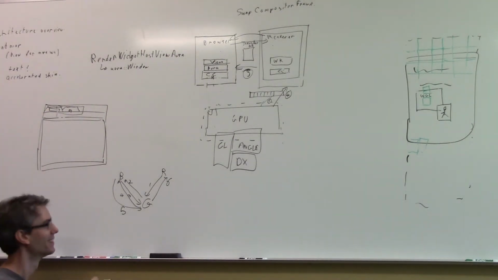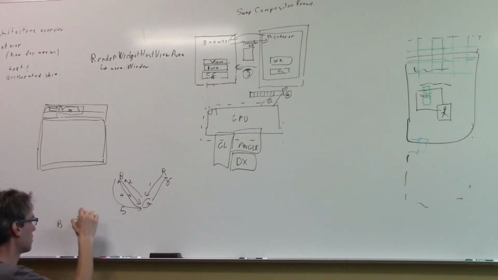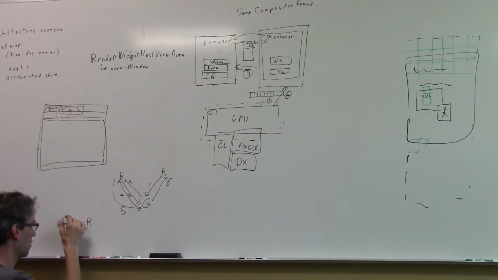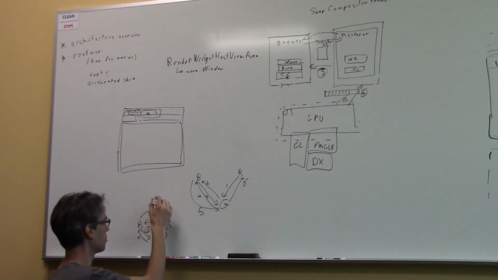Yeah. With the swap compositor frame, it's like this. The renderer draws to the GPU, 1, sends 2 to the browser, 3, the browser draws its frame, gets the ACK, sends the ACK to the renderer.